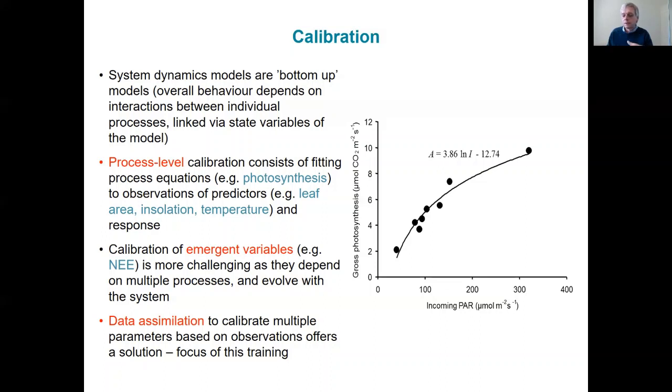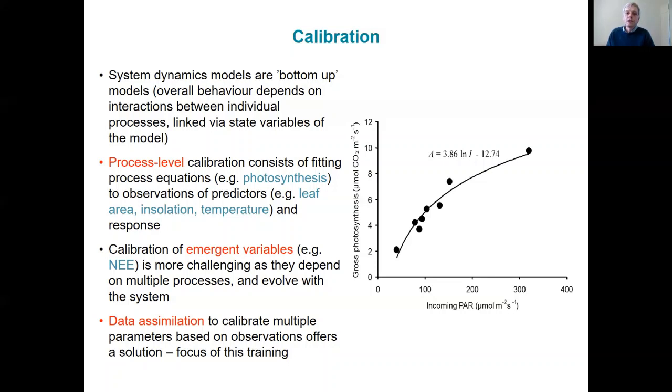At large scales, we have things like wildfires and their emissions, perhaps land use change coming in. So NEE, depending on the scale of the model, is a much more complicated variable, not dependent on a single process. And that makes it more challenging to calibrate.